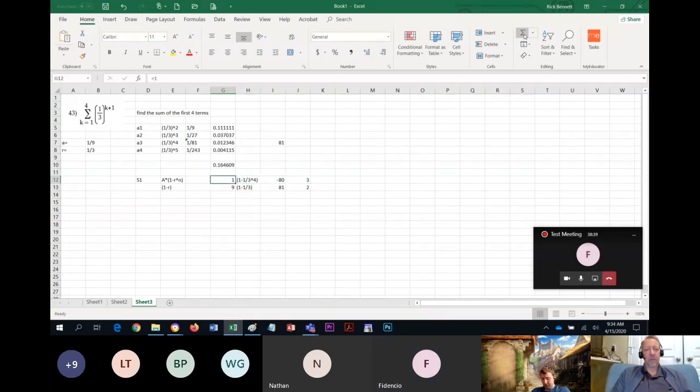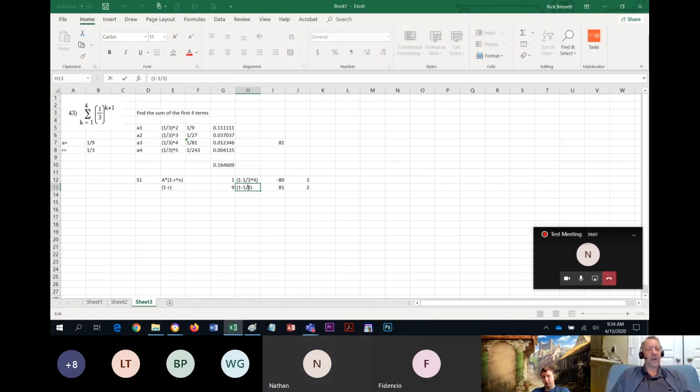So essentially, as I'm multiplying these 3 terms together, is that right? Hold on, I'm confused. Something's wrong. 1 minus 1 over 81? Ah, there we go. I knew I did something wrong.